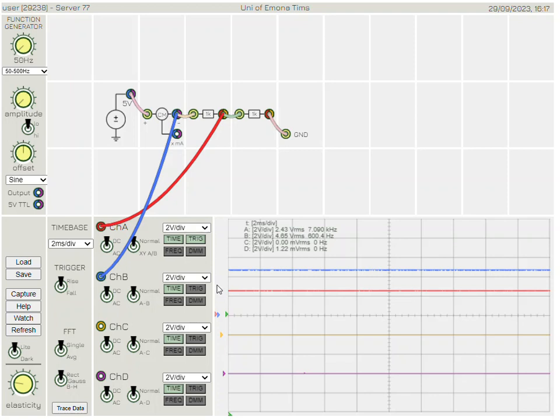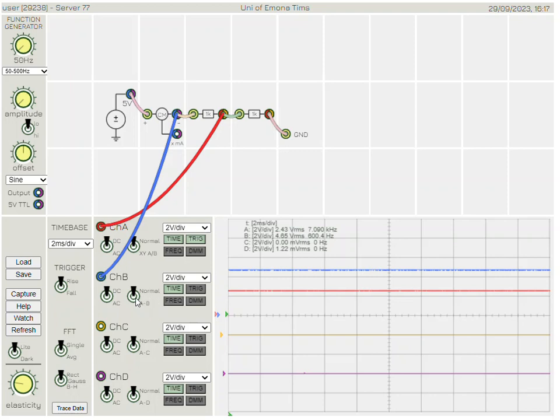Now, the difference between 4.65 and 2.43 is the voltage across that resistor and the connection. So that is 2.22 volts. Now, we worked that out by hand, but if you have a look here, it's possible to turn channel B into the difference between A and B. This is convenient.